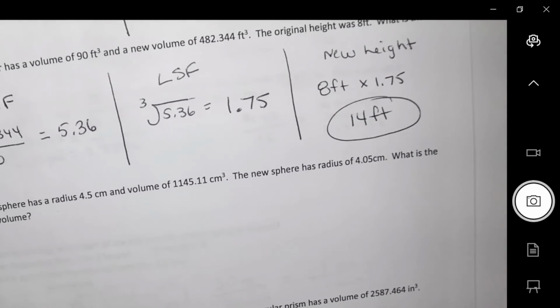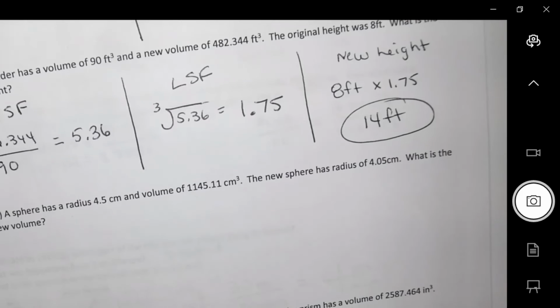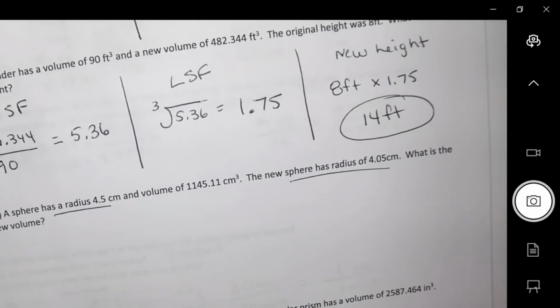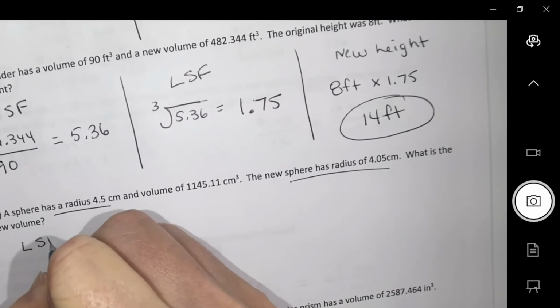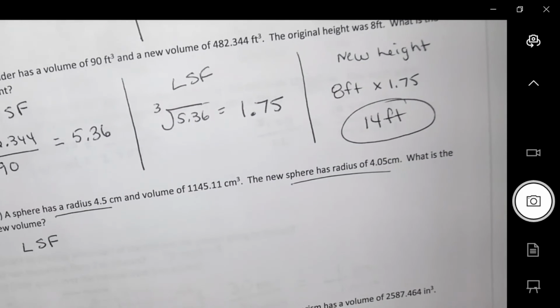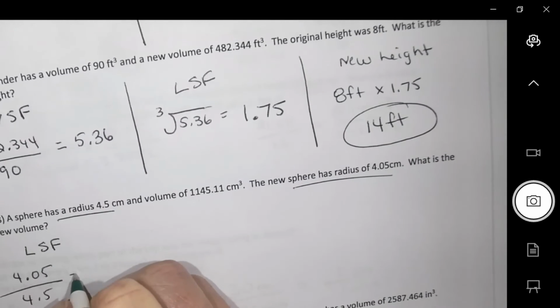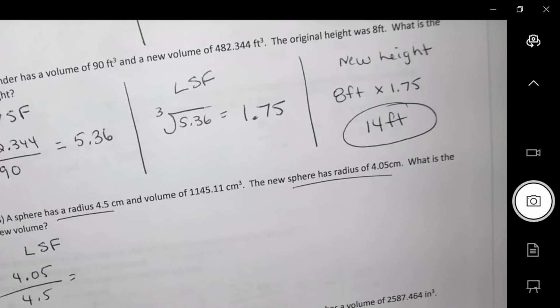Okay. Number 18. We have a radius and a new radius. So let's come up with the linear scale factor. If we have a radius and a new radius, let's figure out what the scale factor is. So I should see a reduction, something less than 1.